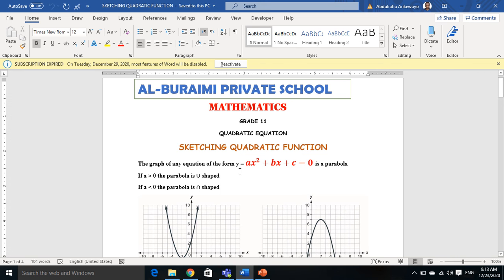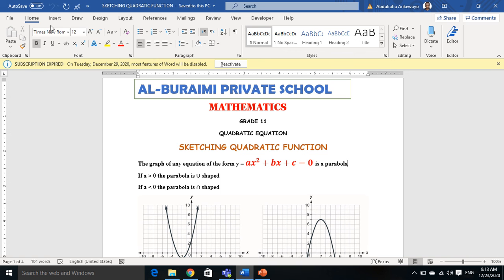This is the general equation for quadratic function. Okay, now, if your a is greater than 0, now the kind of graph you will have for a quadratic function is called a parabola, right? It is called a parabola.